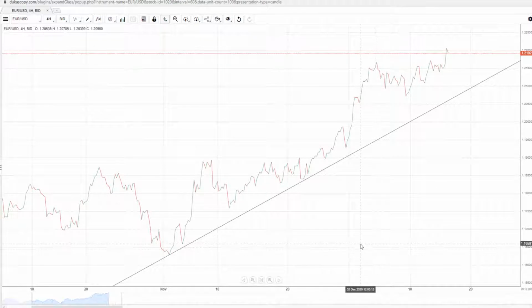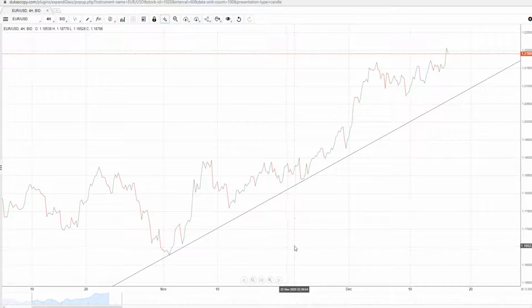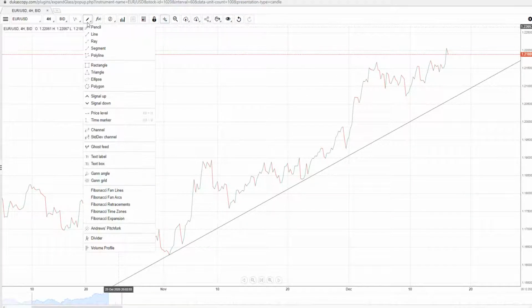No. The way this strategy works, when the price breaks previous highs or previous lows, or in other words, when the price breaks structure, we buy or sell. It depends. If the price breaks the upper resistance level, we wait for a retest, then we'll buy. Then if the price breaks the support level, then we'll wait for a retest and we'll sell.